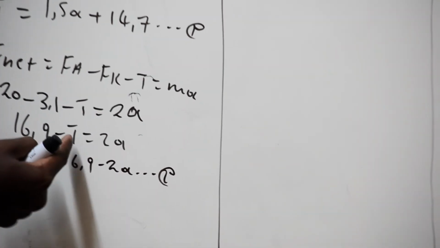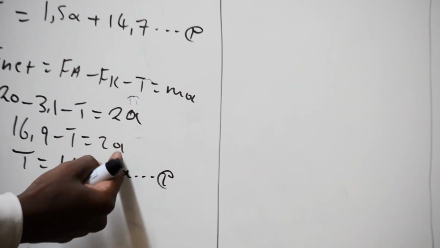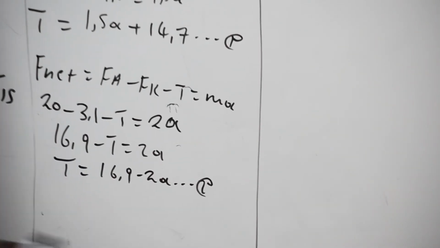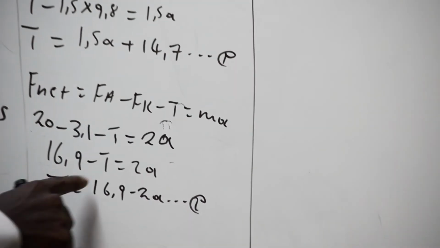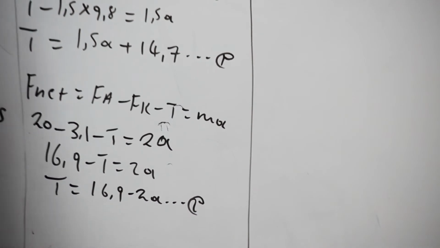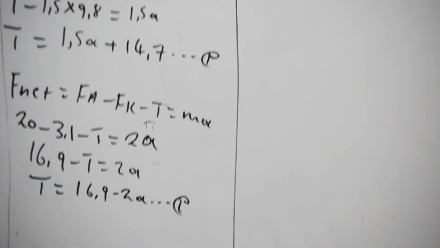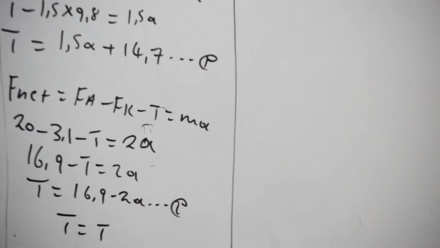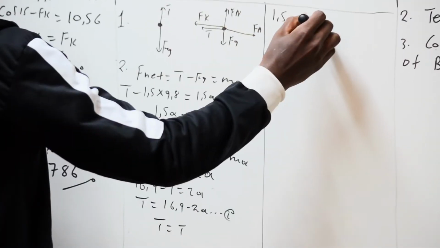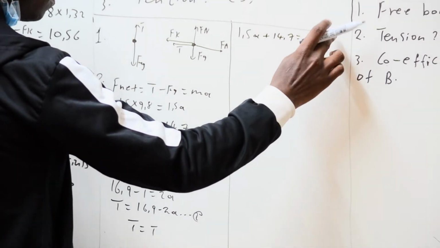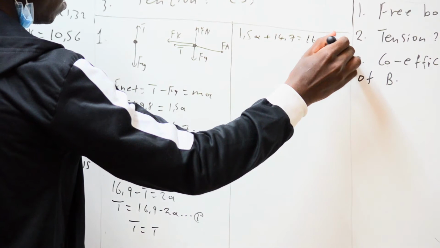Above we said tension is up, positive, and here the 2a is subtracted from 16.9. That is what I applied. So here we now have equation 1 and equation 2. Tension equals tension, so equate the two tensions. Now the equation 1.5a plus 14.7 is equal to 16.9 minus 2a.